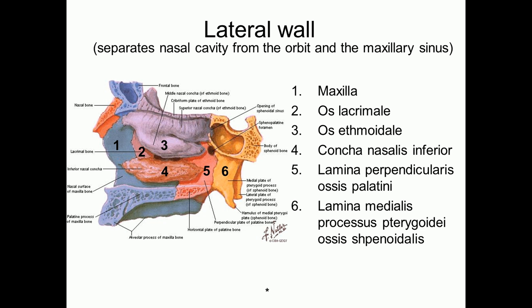So, can you answer me how many bones form the lateral wall? Usually 6. But what about this bone, the nasal bone? Sometimes it is also considered as a wall of the lateral part of the nasal cavity, but nevertheless, usually we consider it as the anterior wall.